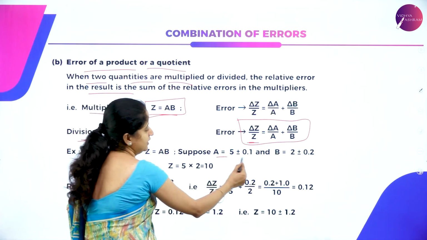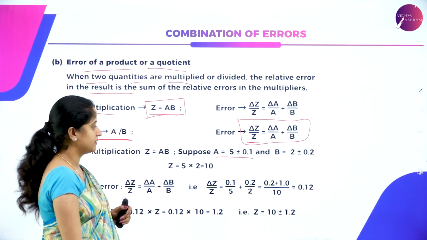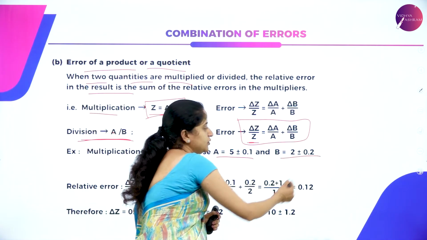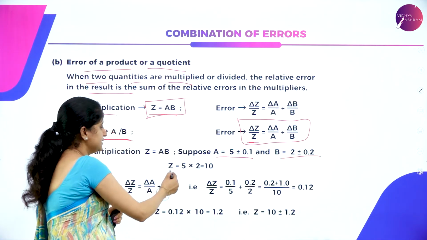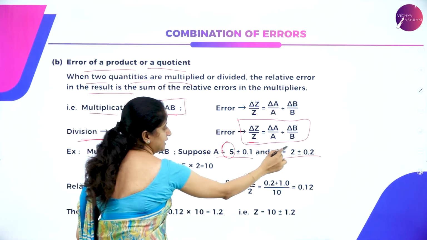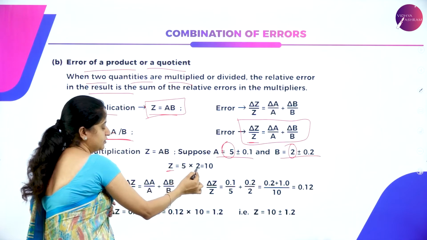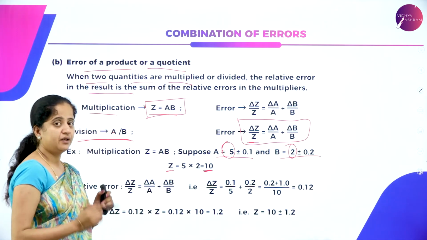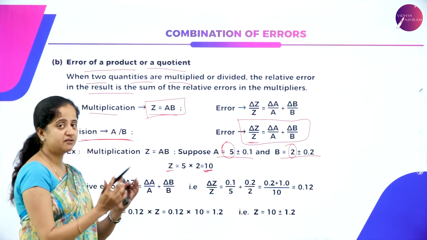Suppose I have A equal to 5 plus or minus 0.1 and B equal to 2 plus or minus 0.2. Then Z is the product, so we multiply these two values, 5 into 2, and we get 10. Now, how to find the relative error in the final result?